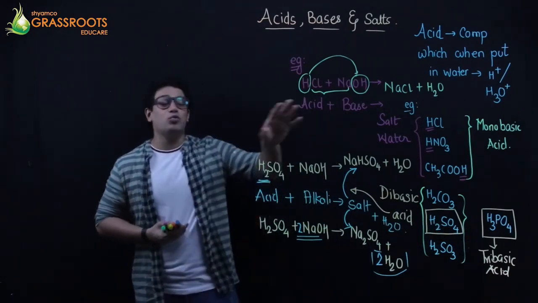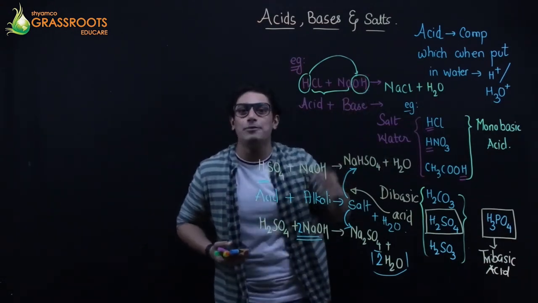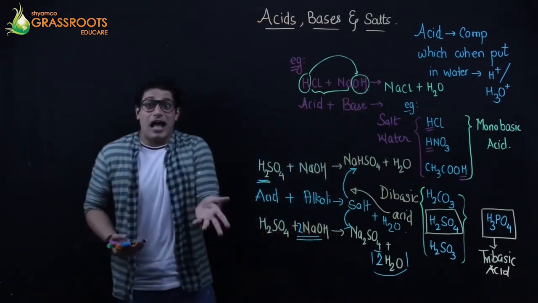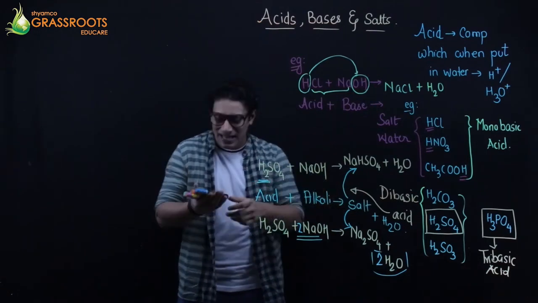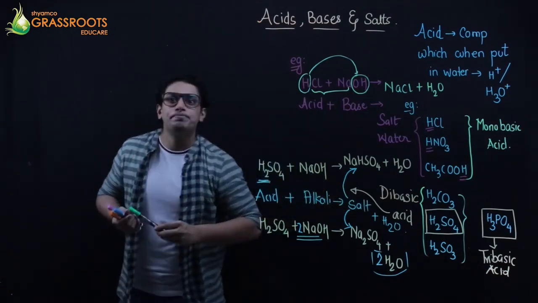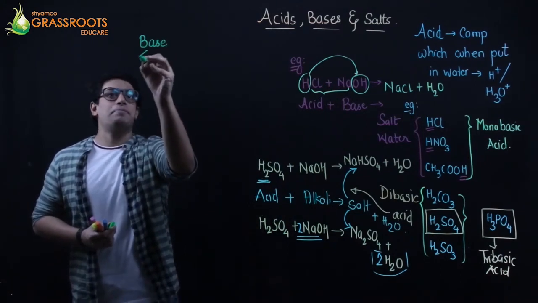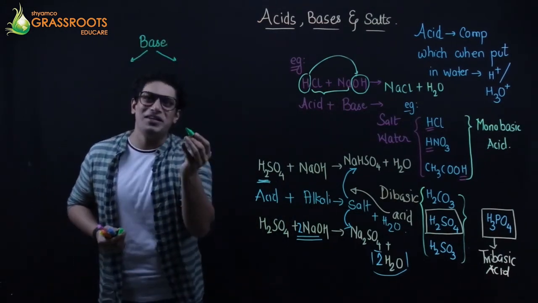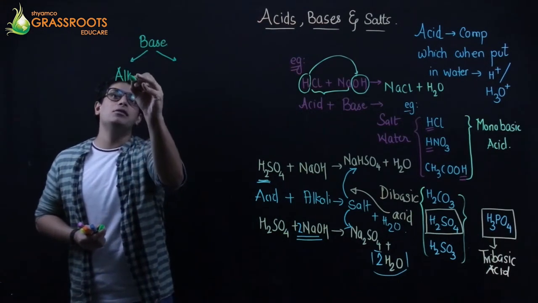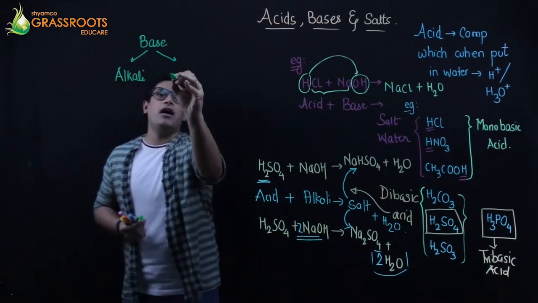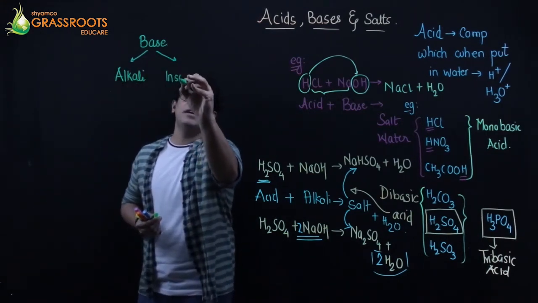So we have studied what an acid is, how many types of acids there are and why we call them that. If I'm talking about a base, bases are of two types. One of them we call an alkali and the other is called an insoluble base.